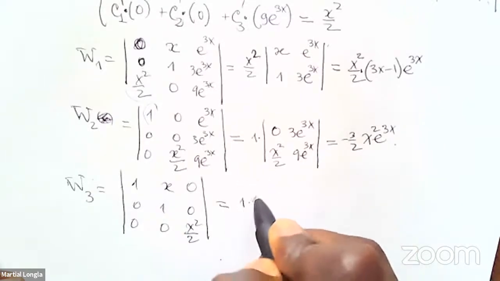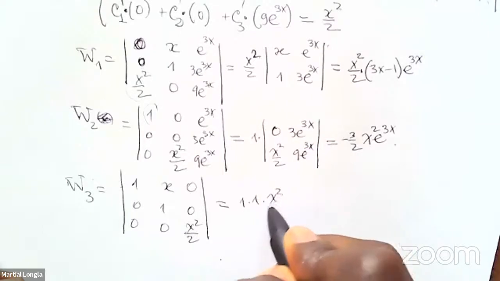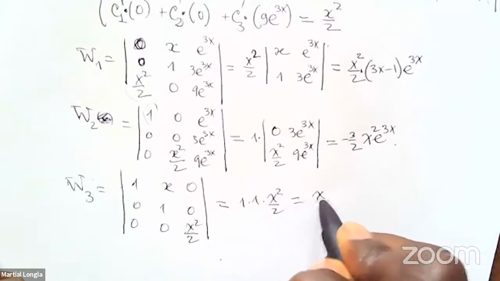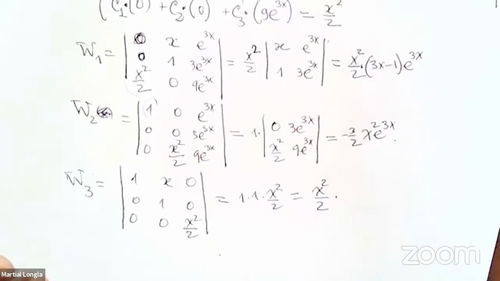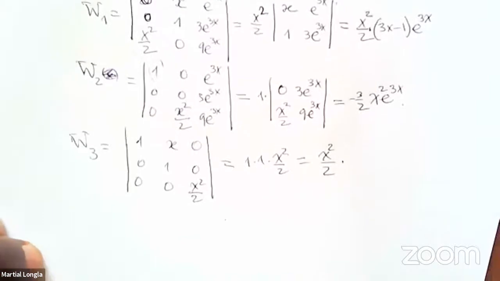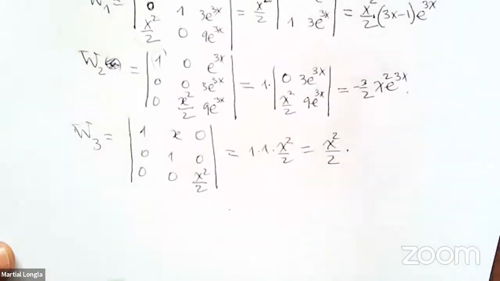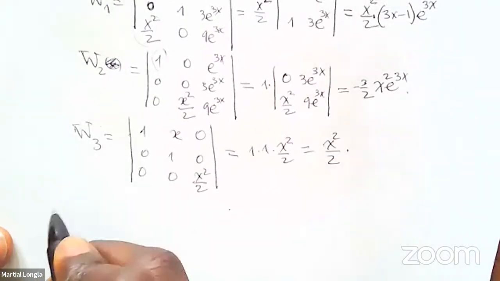So that's 1 times 1 times x squared over 2, which is x squared over 2. So we got all the w's, and we can now find the functions.